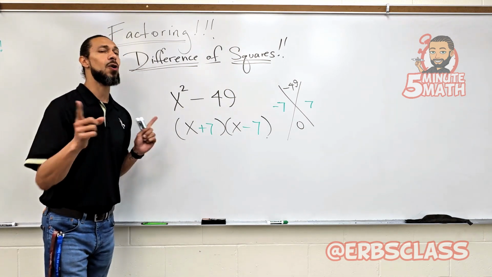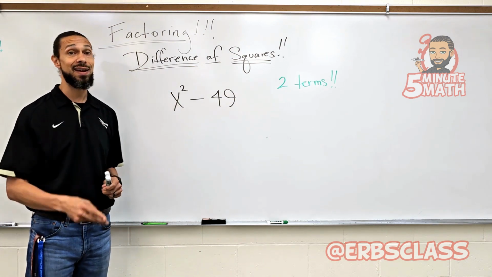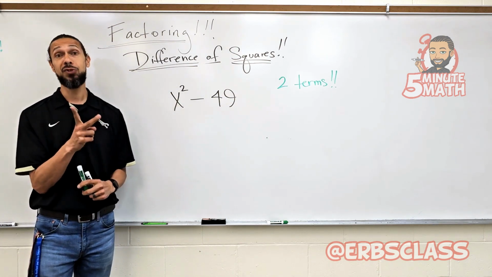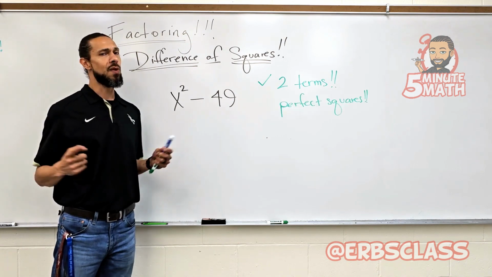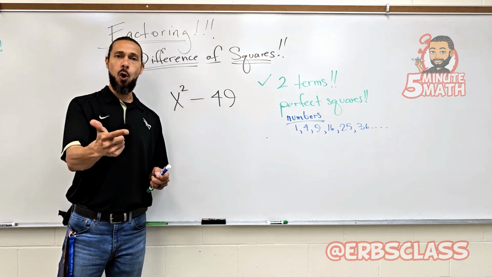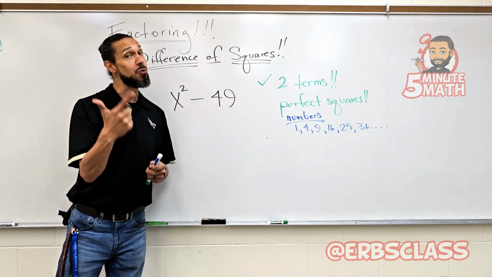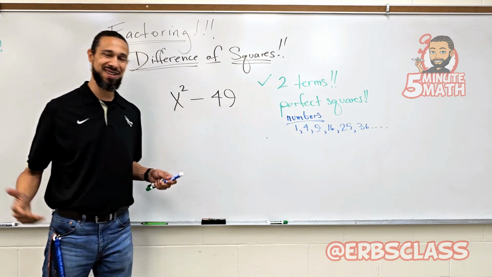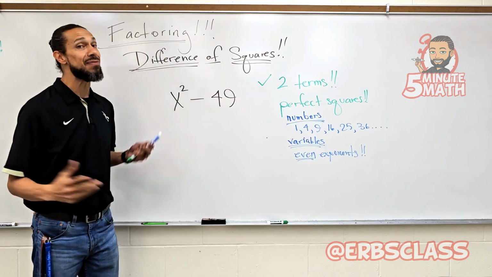Now, first off, let's talk about what the difference of squares is. First, make sure you're looking at an expression that has 2 terms. Check. Second, make sure each term is a perfect square. Remember what perfect squares are. For numbers, 1, 4, 9, 16, you know where we're getting them from: 1 squared, 2 squared, 3 squared, 4 squared. And for variables, variables have to be even exponents.